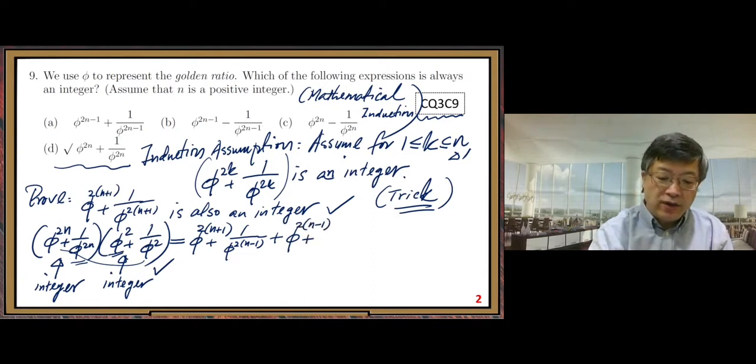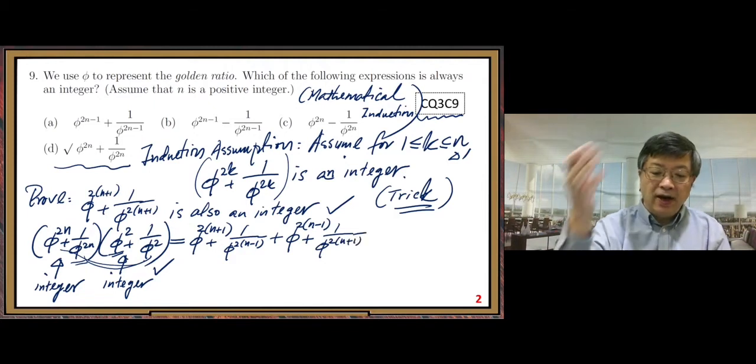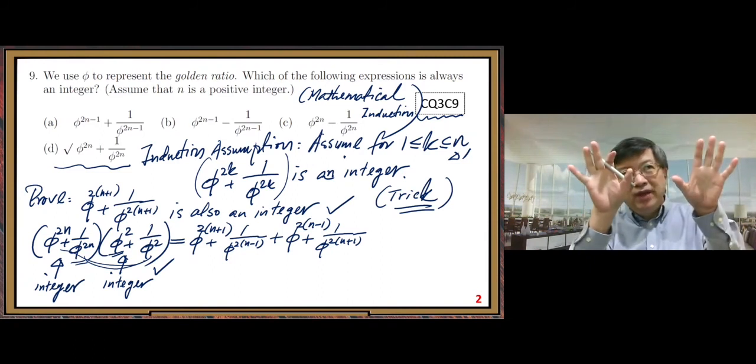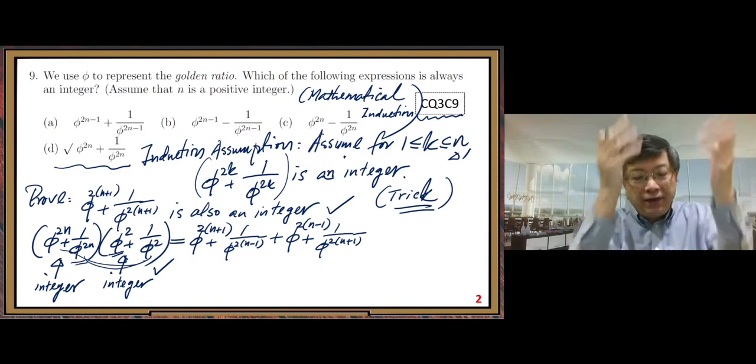Then the last one, product, last two fractions, phi to the 2 to the n plus 1. All right, these four terms, we can group them, put the related terms together.